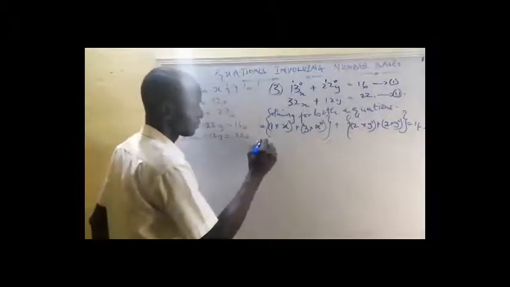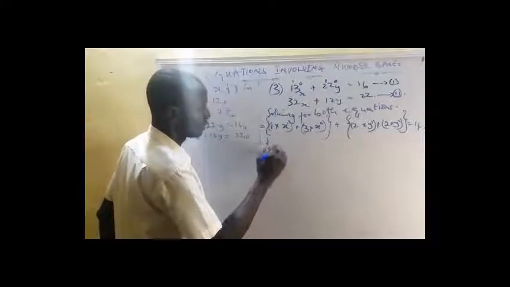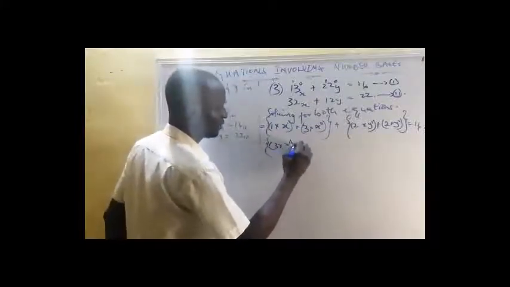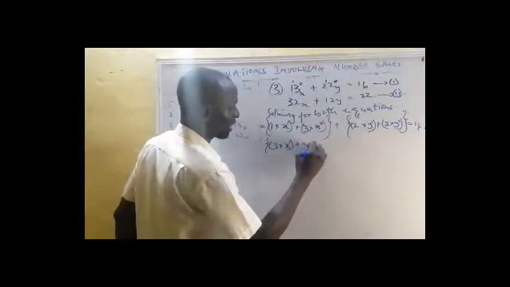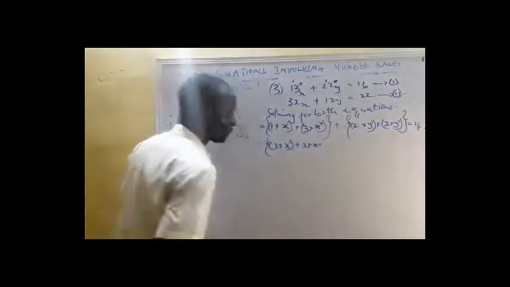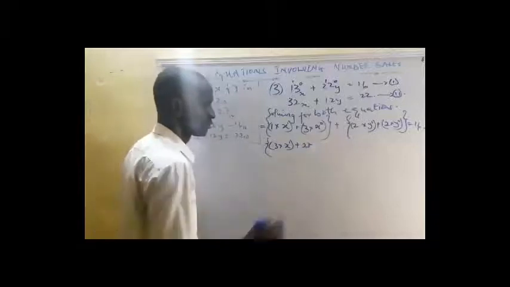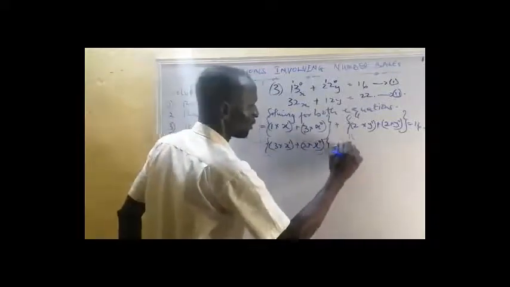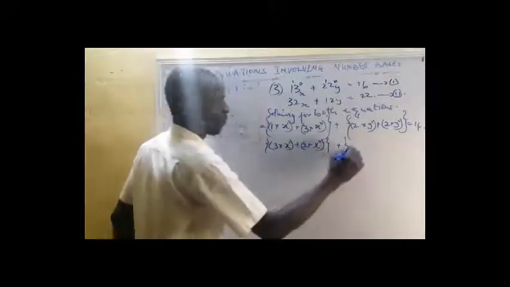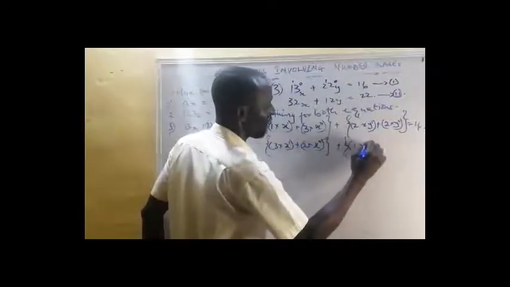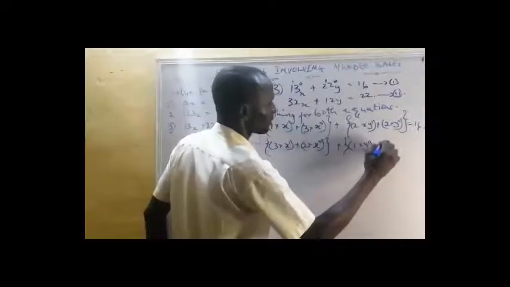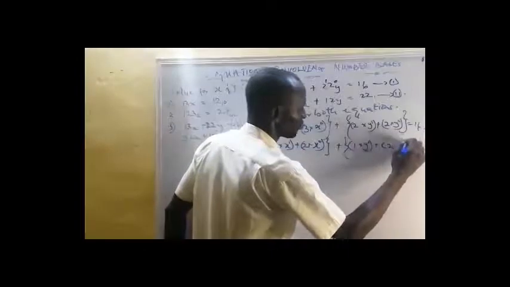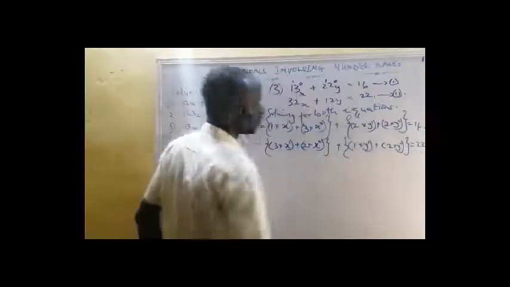Equation 2 becomes 3 times x raised to power 1 plus 2 times x raised to power 0, plus 1 times y raised to power 1 plus 2 times y raised to power 0 is equal to 22.